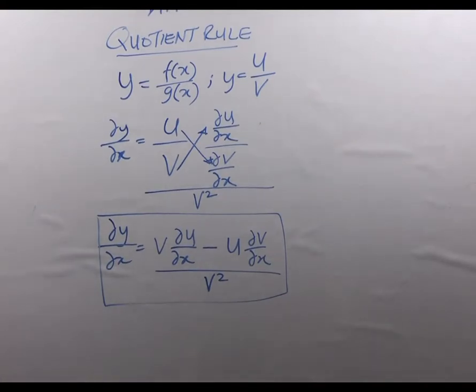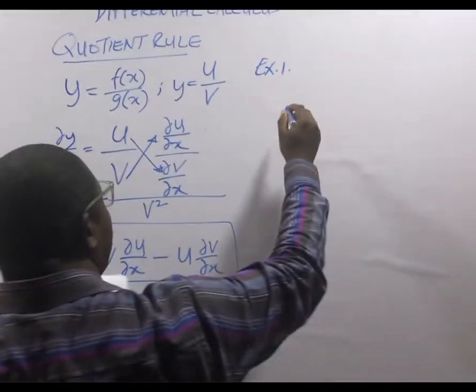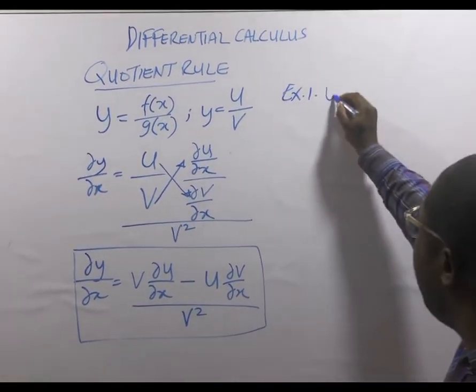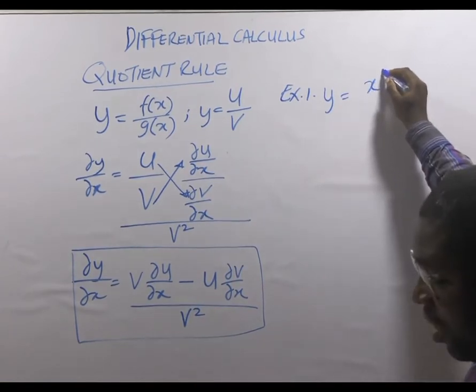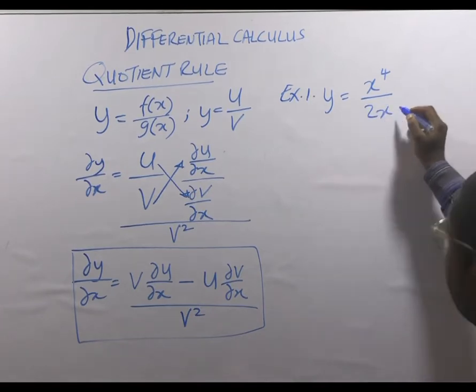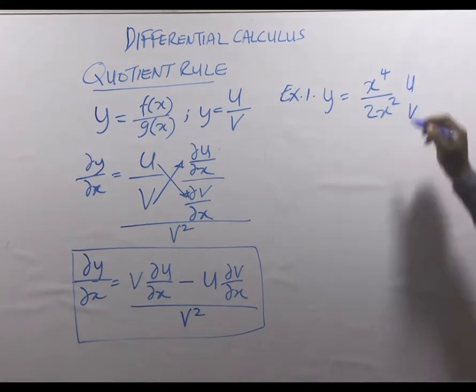Let's now look at an example that we can deal with in this video presentation. The example we have is y is equal to x raised to power 4 divided by 2x raised to power 2. Right? Now this is our u and this is v.